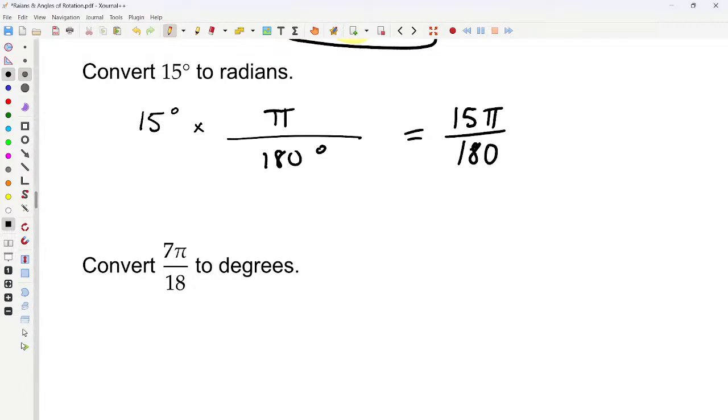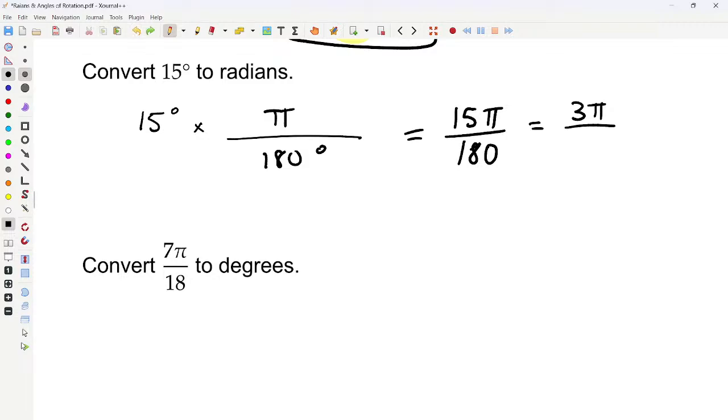And typically we just reduce that down. So a lot of 5s, 10s, 3s. Thank you, ancestors, for using 360, not 365, but all right, divide by 5. This would be 3 pi. And let's see, I think 12? Yeah, 3. No, is it? Divide by 3? No. That's not true.